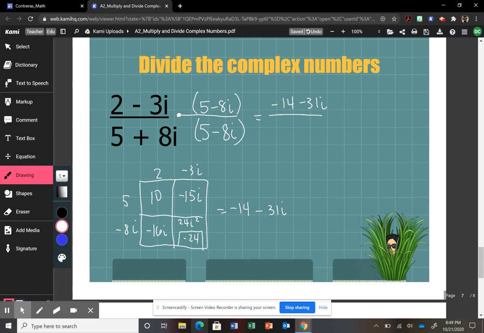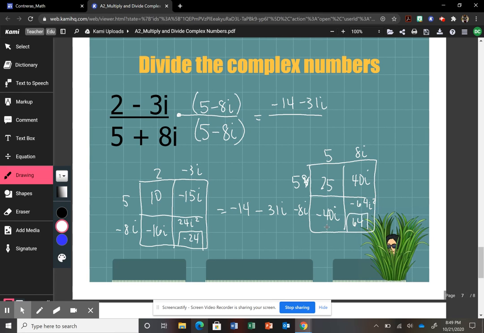Okay, so the next one, I have 5 positive 8i, and then 5 and negative 8i. 25, 40i, negative 40i, and then negative 64i squared, which gives me a positive 64.